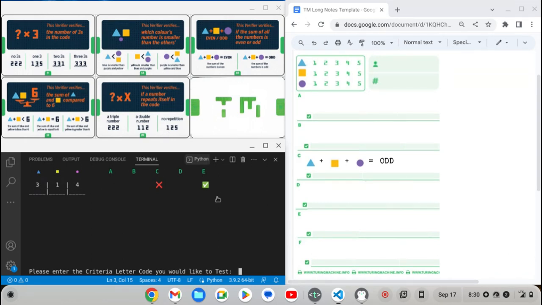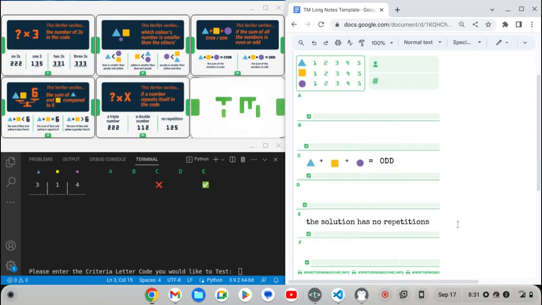There are no repetitions, and the Turing Machine agrees with that. So let's go ahead and type that up in our notes for section E, and that is that the solution has no repetitions.